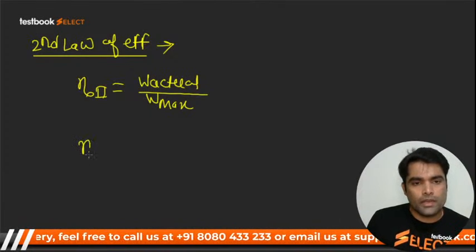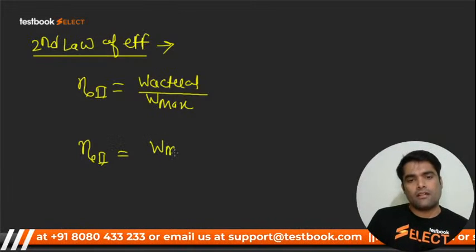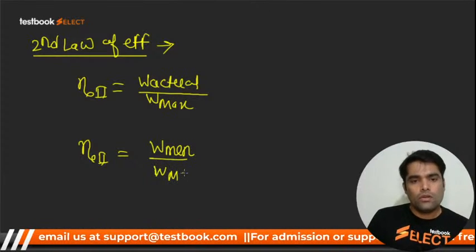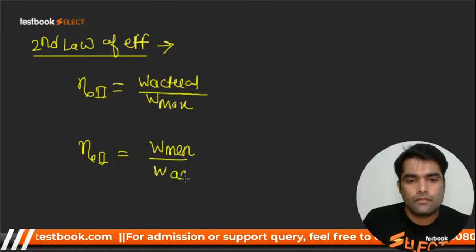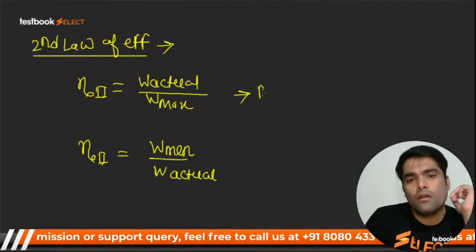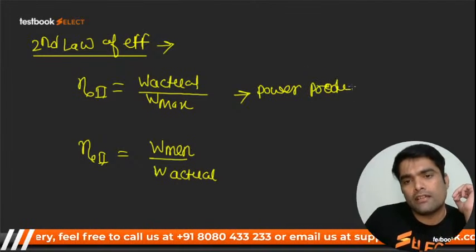Eta 2 for COP is 1 W minimum upon W actual. Sorry. Remember one thing, it is for power producing cycle.